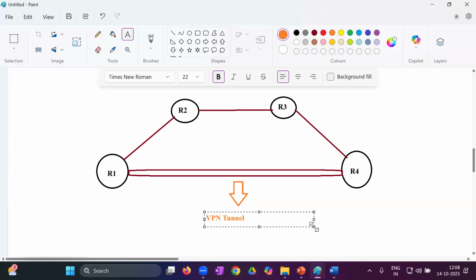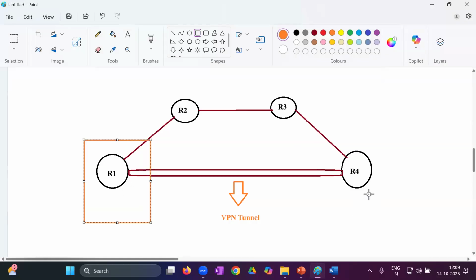So without requiring any further connectivity, I will have a private connectivity between my devices and the other devices. In general, where is it preferred? It is preferred when R1 and R4 both are from the same organization. Let's say there is one company with one location in Mumbai and one location in Bangalore.